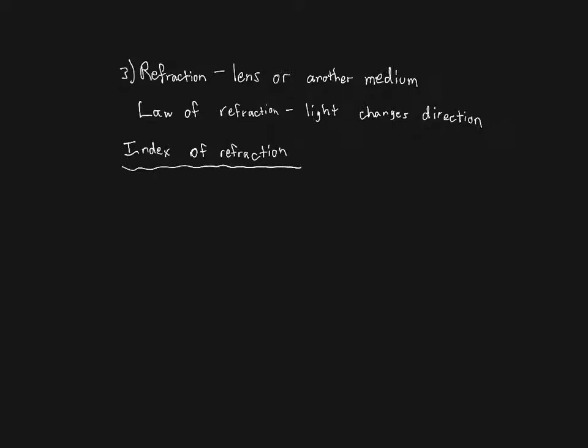The index of refraction of a material we label with the letter n, and that's equal to c divided by v, where c is the speed of light in a vacuum, so in completely empty space, divided by the speed of light in the material. So materials slow down light.